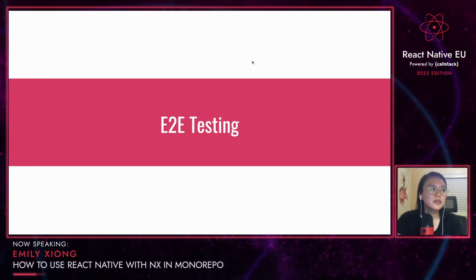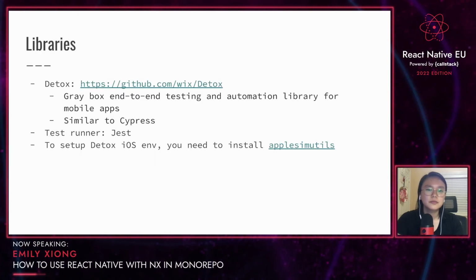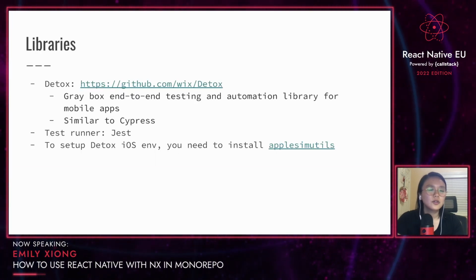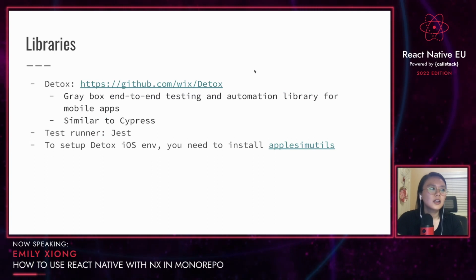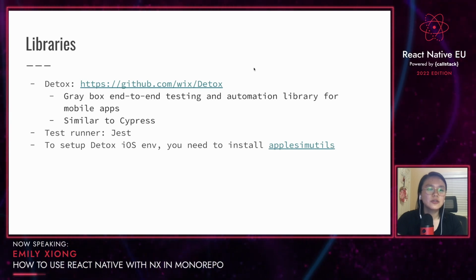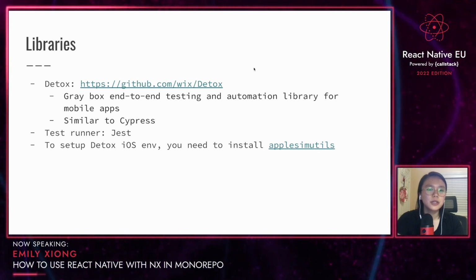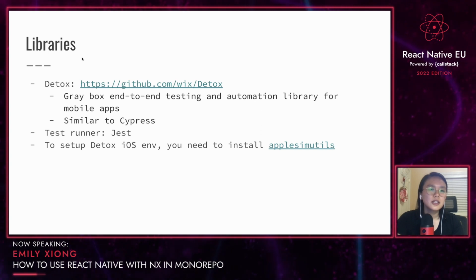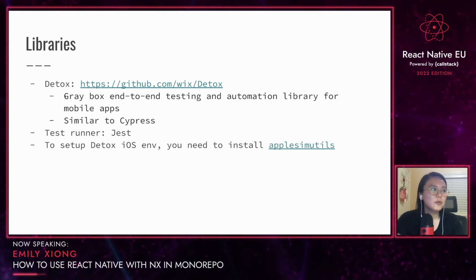So how about E2E testing? For E2E testing, you will notice that for every application, there's a different folder ending with -e2e created right beside it. Inside that e2e folder, it's going to use Detox as the framework for E2E testing.